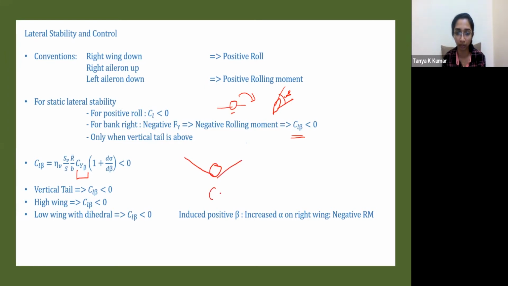Originally your low wing was like this. When you introduce a dihedral angle here, it contributes towards lateral static stability. So this dihedral makes the CL beta negative. Low wing as such does not have CL beta less than 0; it has a CL beta greater than 0. So this is CL beta less than 0, and this is CL beta greater than 0.